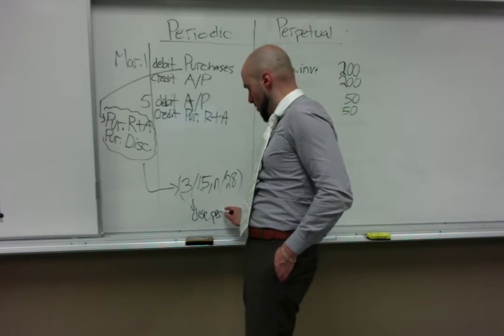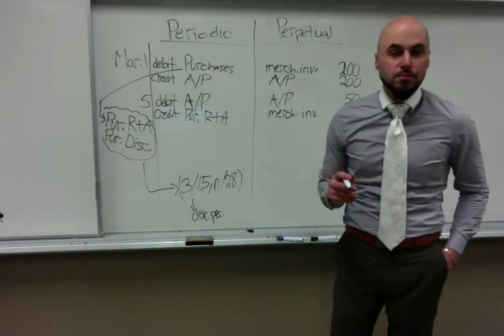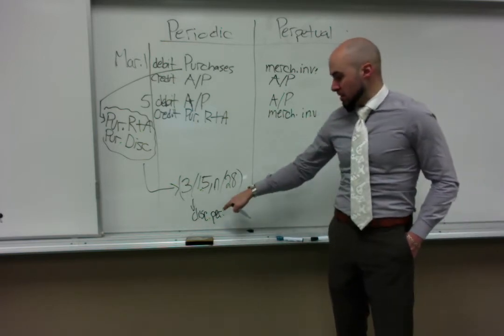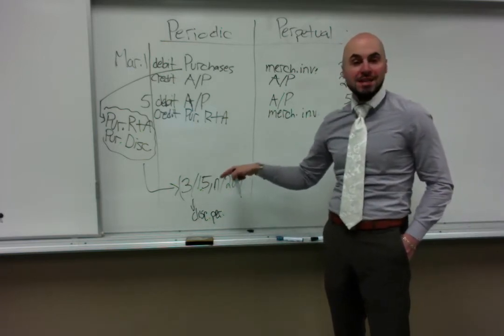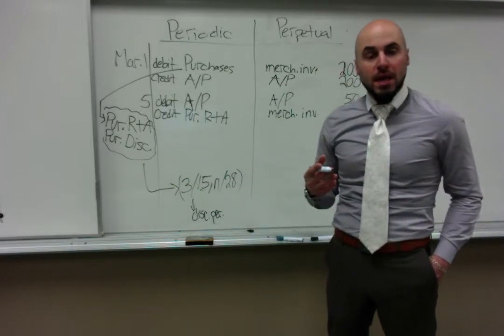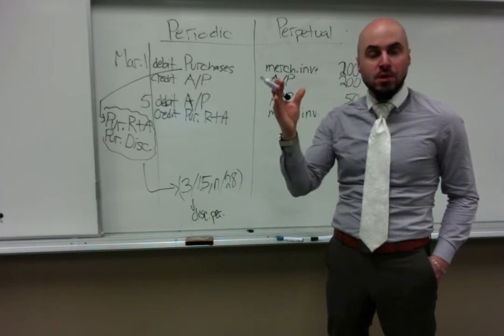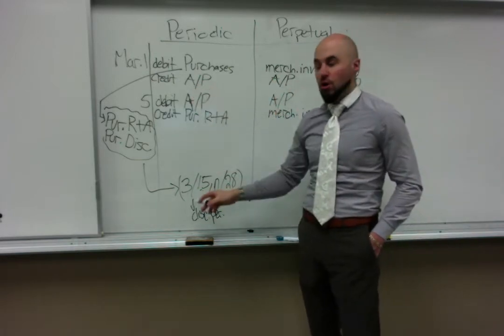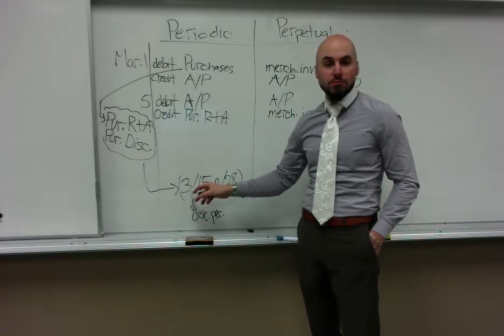For you multiple choice buffs, for you true and false buffs, discount period is the 15 days because that is the time frame in which, if you do make a payment on this accounts payable, you will get 3% off.